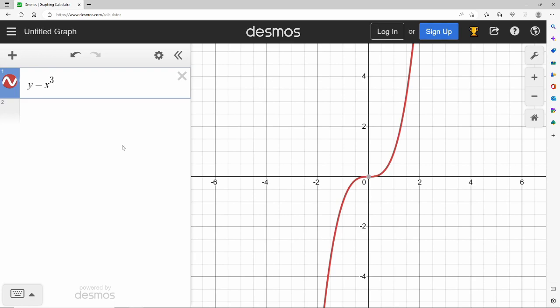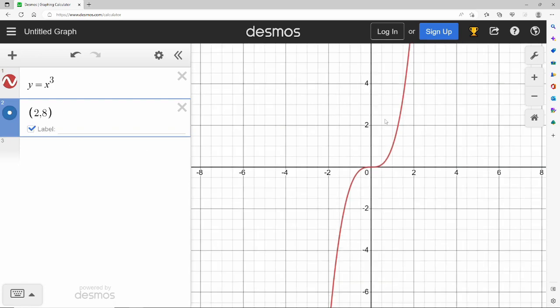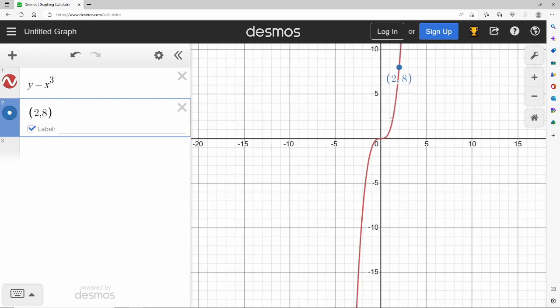Now we want to know what the slope of the curve is at point (2, 8). So let's plot that point, and that's going to be all the way up here. Okay, so that's quite a steep slope.